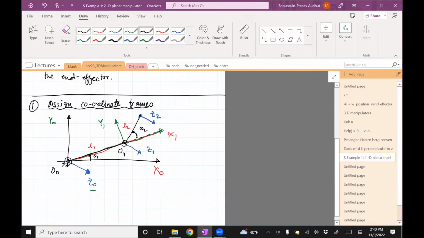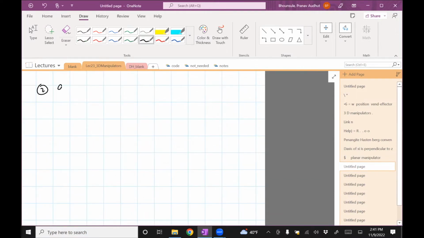This is o1. And we choose x2 to be this way. And then as I said, you don't have to put y if you want. You can put it, but it really doesn't affect our DH table later on.